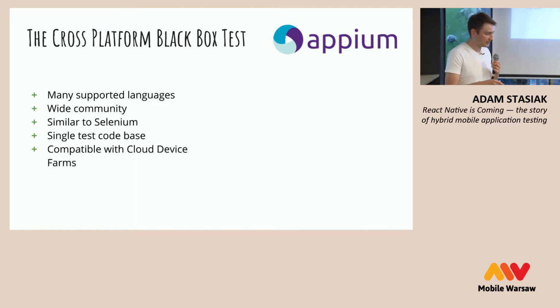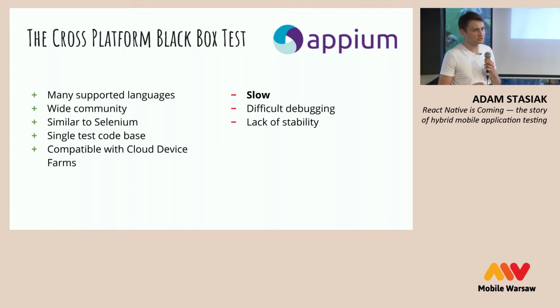I would like to highlight also that Appium has a great support for cloud device farms. You can find many tutorials how to integrate your project with device farms, and I know that many companies are using Appium because of this feature. But Appium is extremely slow. It's not a problem when we are running those tests in night.